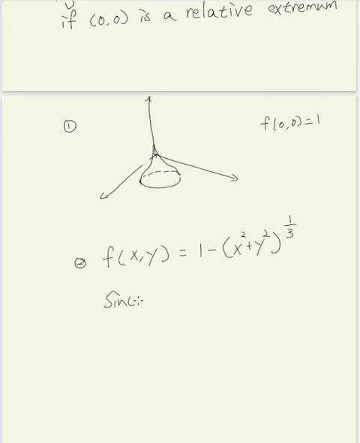Well, since x squared plus y squared is non-negative for all x, y, so is (x squared plus y squared) to the 1 over 3.